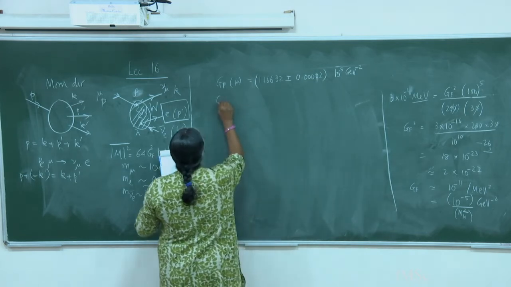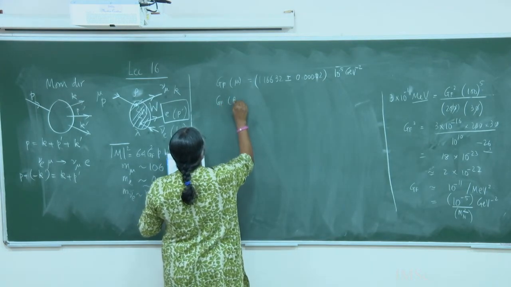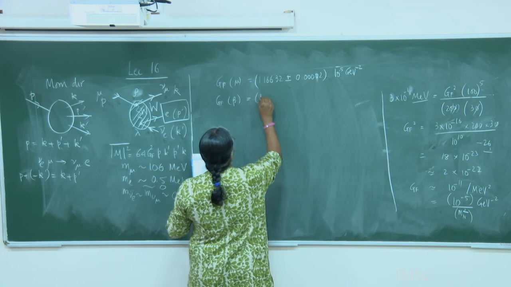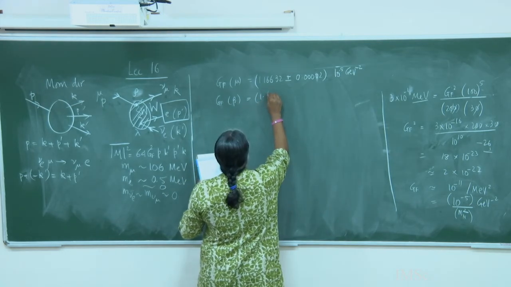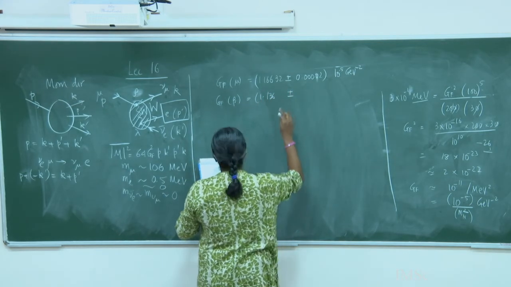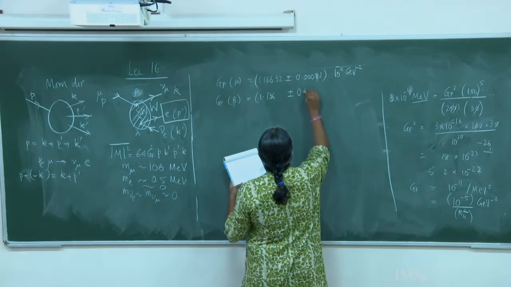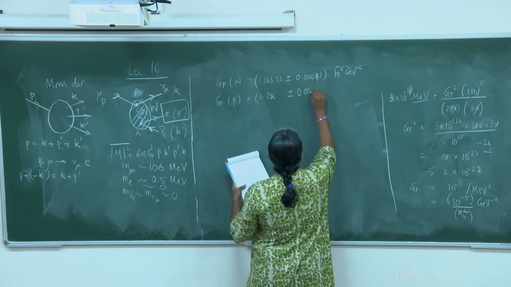And if I find GF by looking at a beta decay with a nucleus, I will get 1.136. It is not as good because many constants are unknown. I will also explain why.